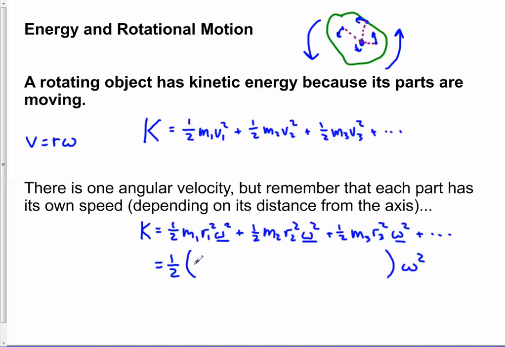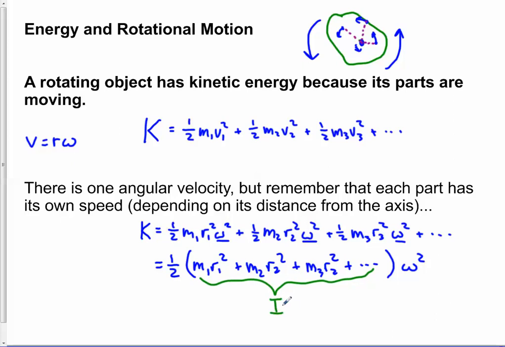And then what's left is m1 and r1 squared, and m2 and r2 squared, and so on, because those parts are different for all the different parts of the object. But m times r squared added up over all the pieces is actually the moment of inertia. That was the definition of moment of inertia.